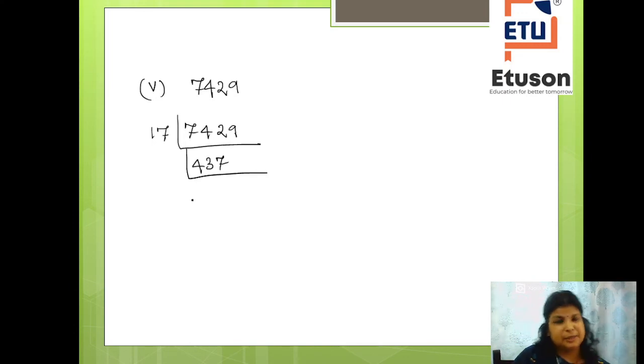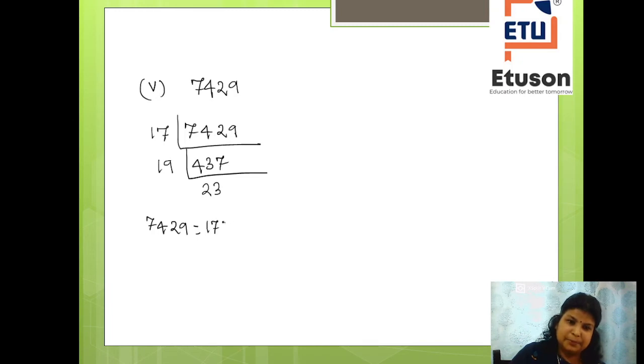Again you check divisibility in ascending order and you will obtain that 19 divides 437, and you get a prime number here. So the answer for 7429 is the product of 17, 19 and 23. Correct, children? With this question number 1, I have solved 3 problems.